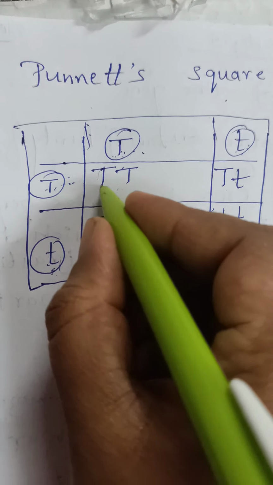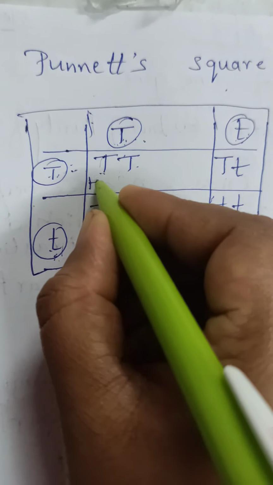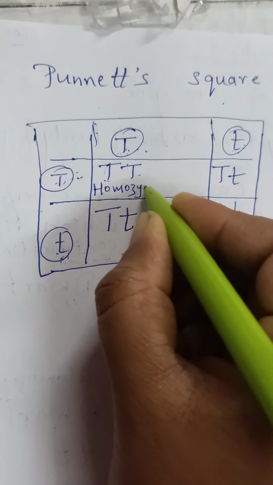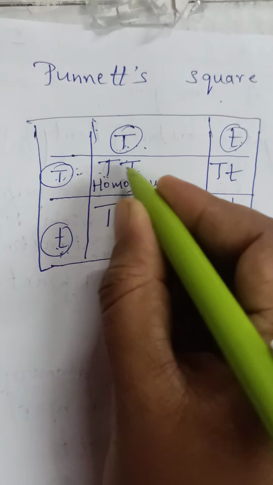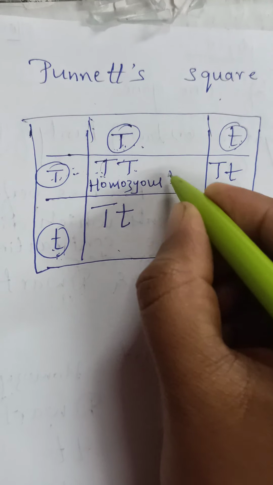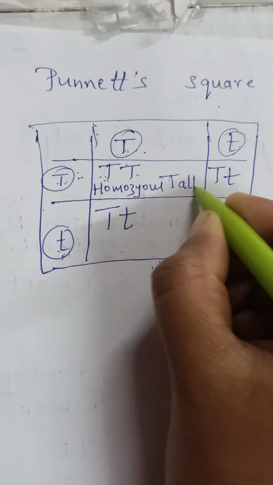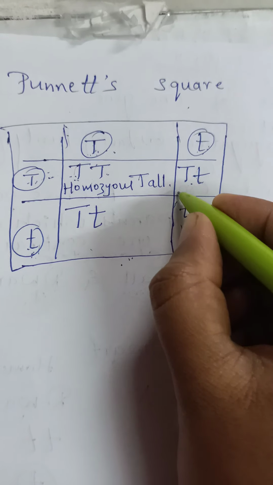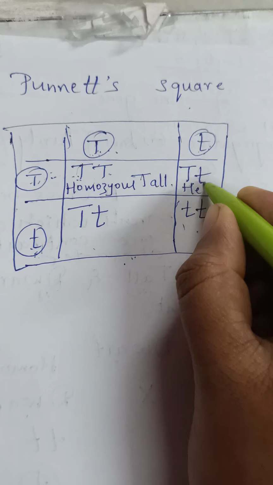If both the alleles are the same, that is a homozygous condition. Two capital T's are there, so that is tallness. Here both alleles are different, so this is a heterozygous condition.